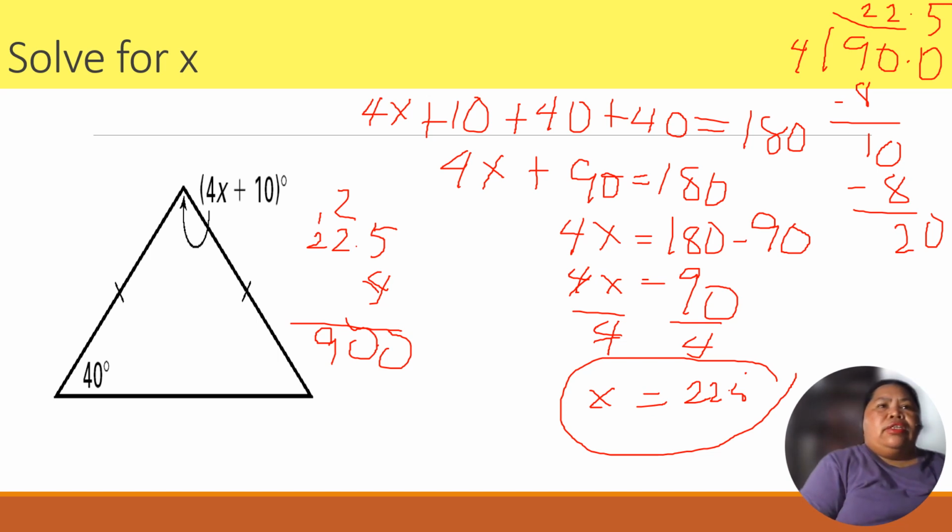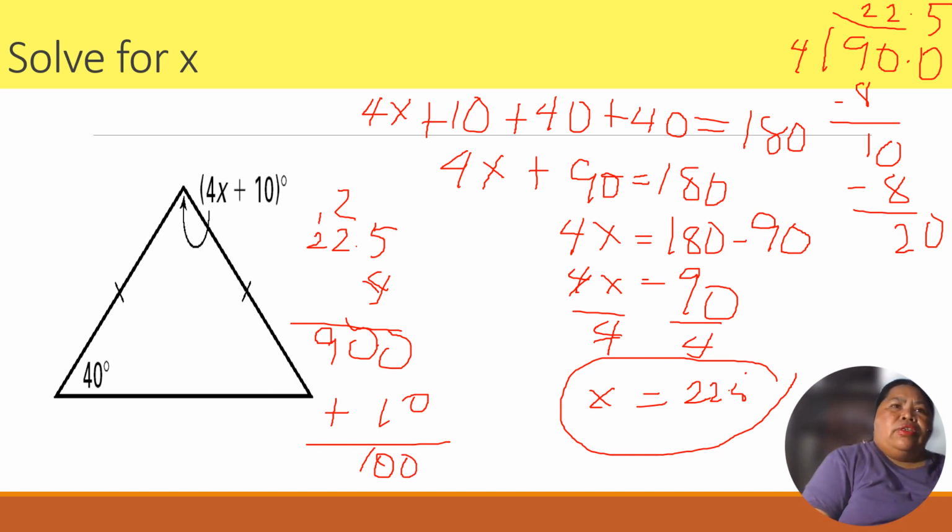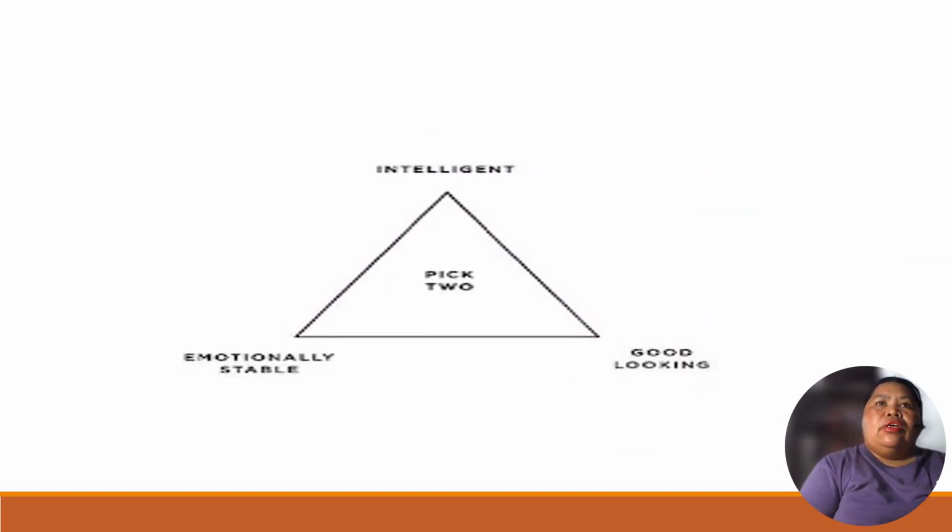If this is 90, 90 plus 10 is 100. So if this angle is 100, our answer is correct, because this is also 40, so 100 plus 80 is 180. Correct.